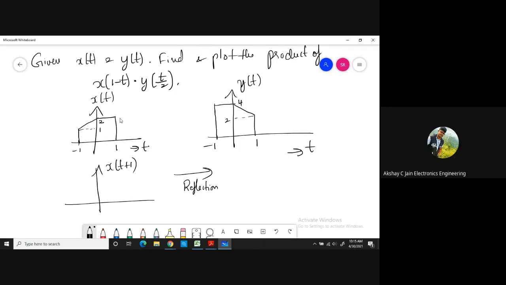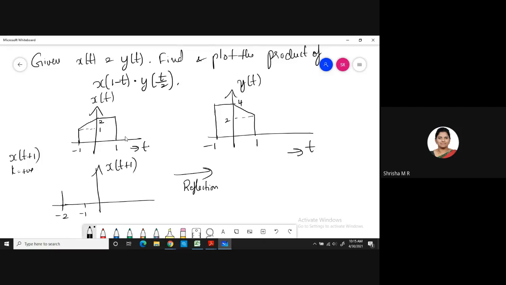Left shift. You have x of t plus 1, k is positive, so left shifting. The signal is occurring 1 second earlier. Minus 1, minus 2.